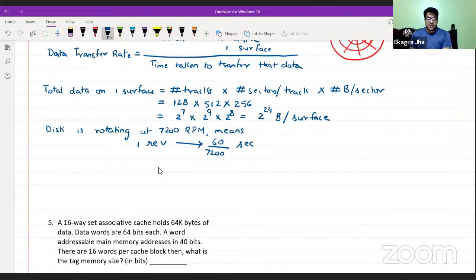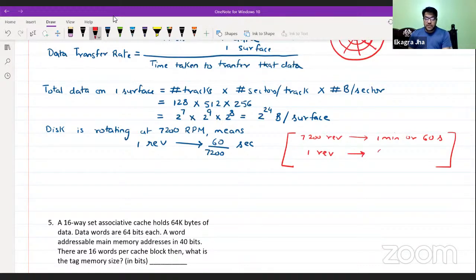How do you find this? Let me explain it here. 7200 revolutions we can have in 1 minute, which is 60 seconds. So if 7200 revolutions happen in 1 minute, how much time will it take to complete one cycle? That will be 60 upon 7200 seconds. So one revolution will take 60 upon 7200 seconds.